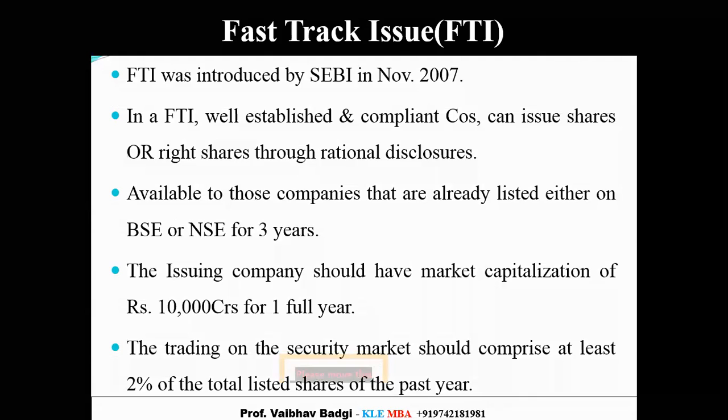So I'll just put it in the correct way: assets minus long-term liabilities is your net worth. Plain and simple definition: assets minus long-term liabilities, not current liabilities, but long-term liabilities. That is your net worth. Clear? Any other answers?